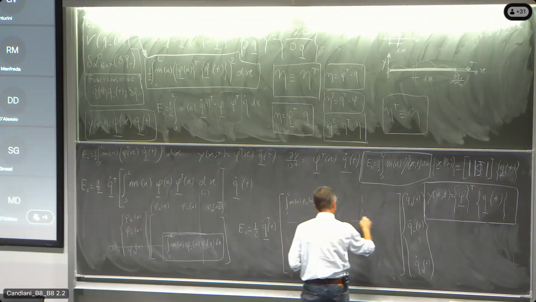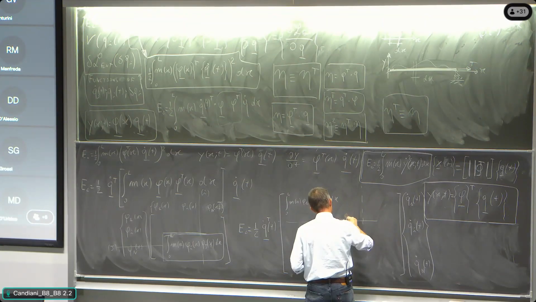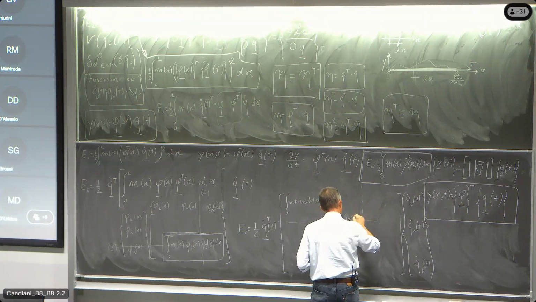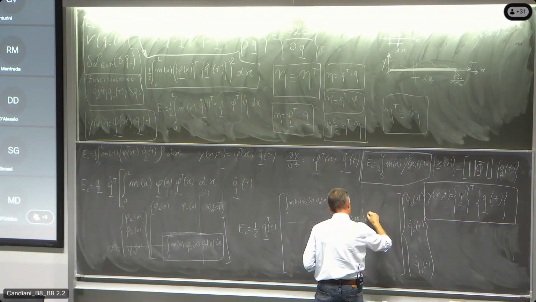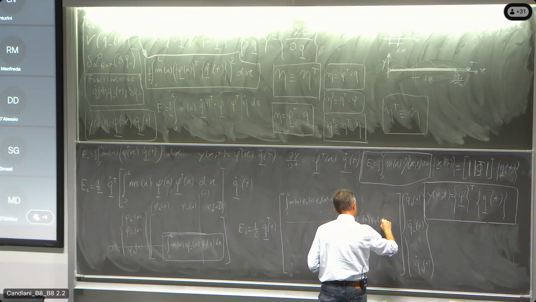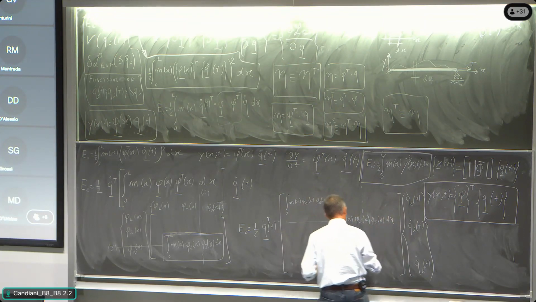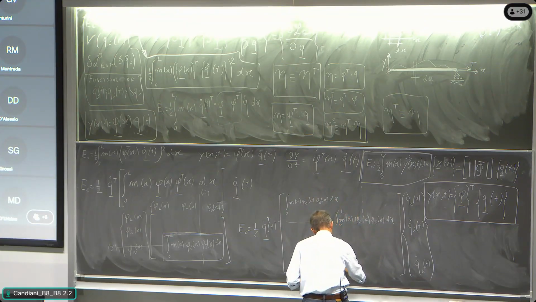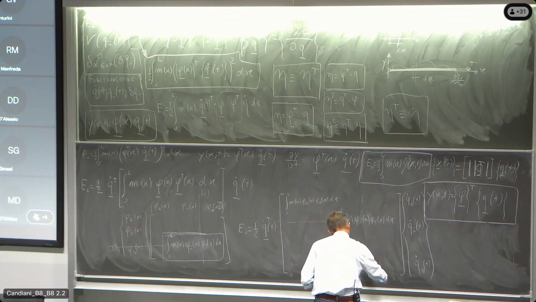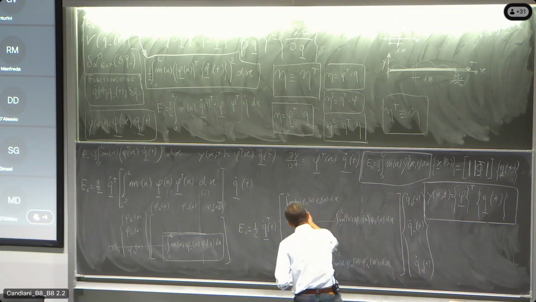At the location ij, I will have integral of m function of x, phi I function of x, phi j function of x, dx. Integral 0L at the location nn, m function of x, phi n function of x, phi n function of x, dx, all right?